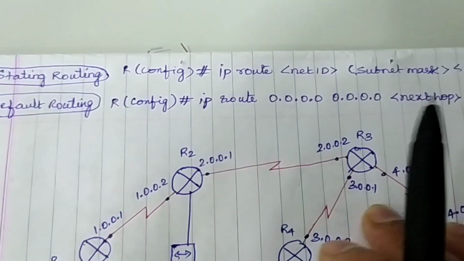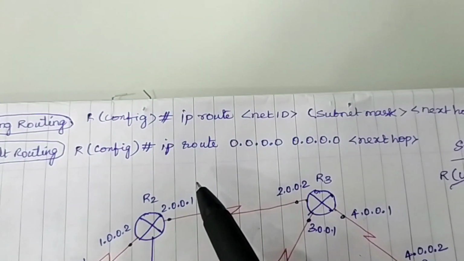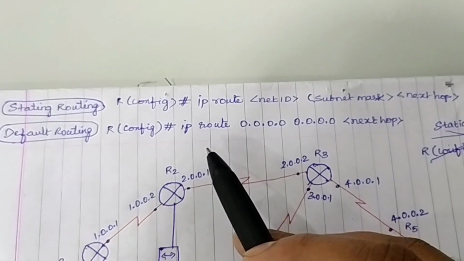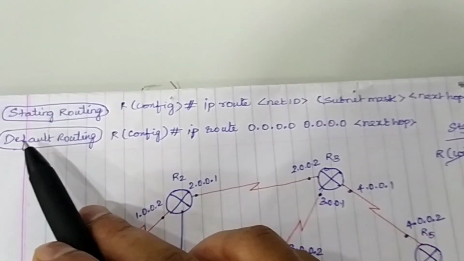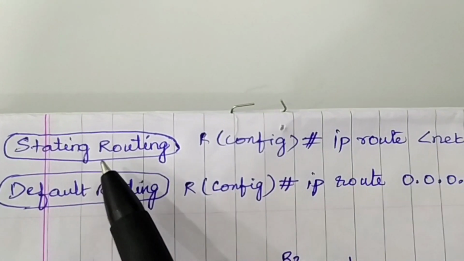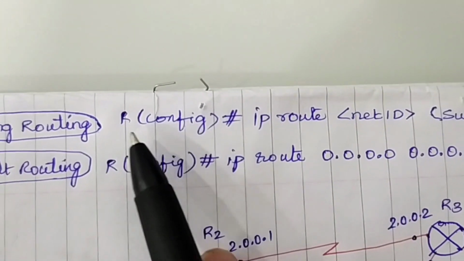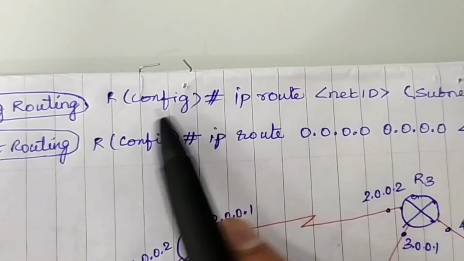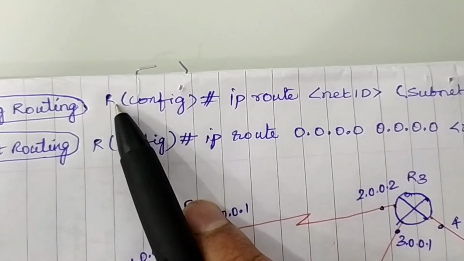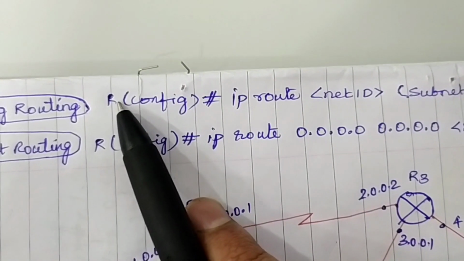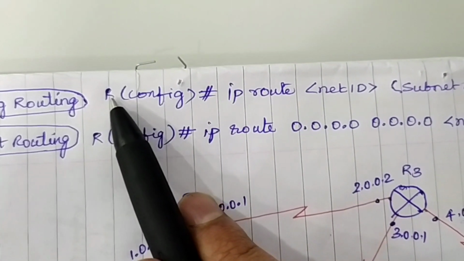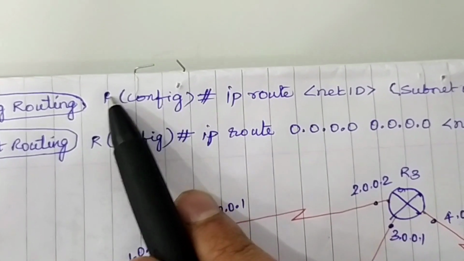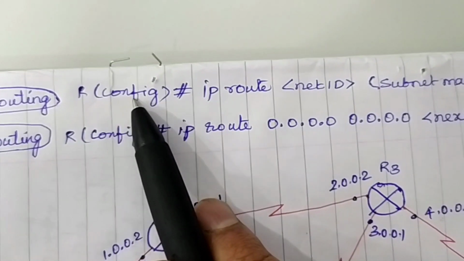So we'll see the general command for static routing. See the first line for static routing. The command should be in global configuration mode, that is R(config). This R may be R3 if you are doing it in R3, R2 means R2, R1 means R1, like that. Generally I have represented it here as R. So I am in global configuration mode.